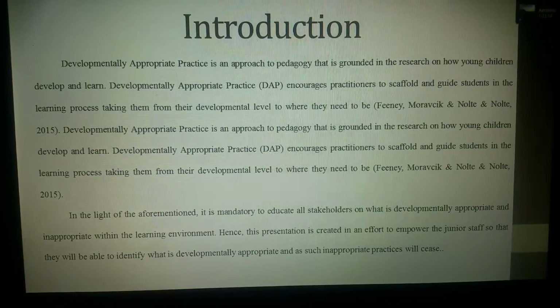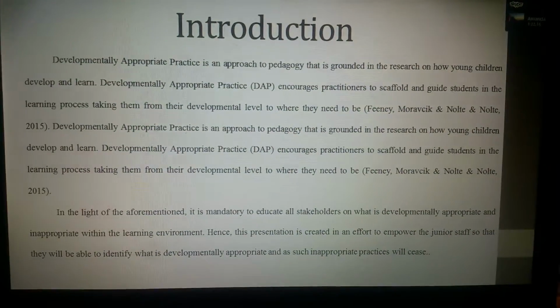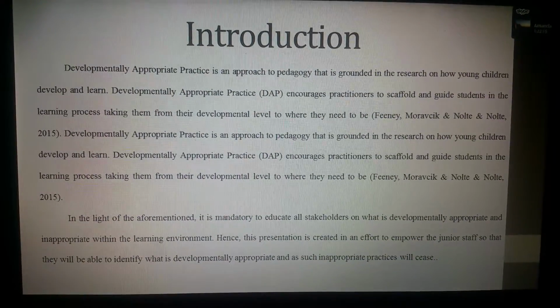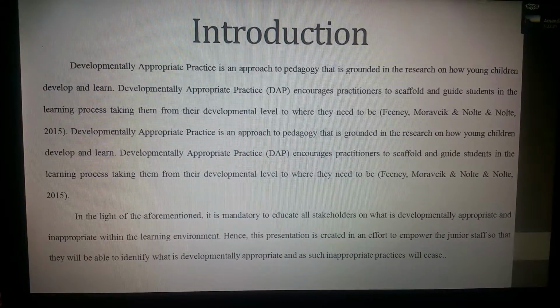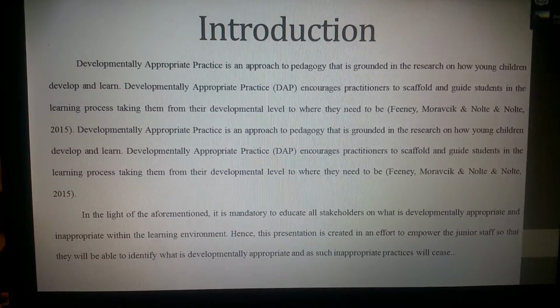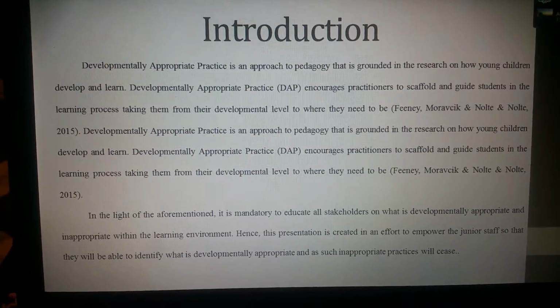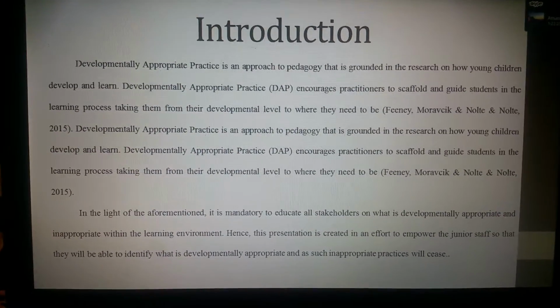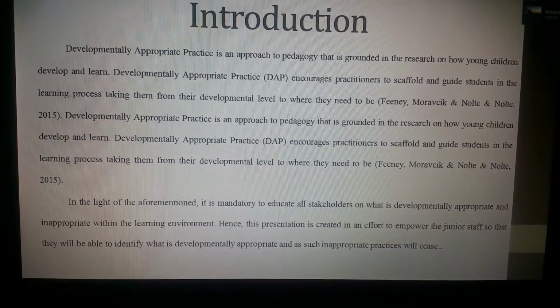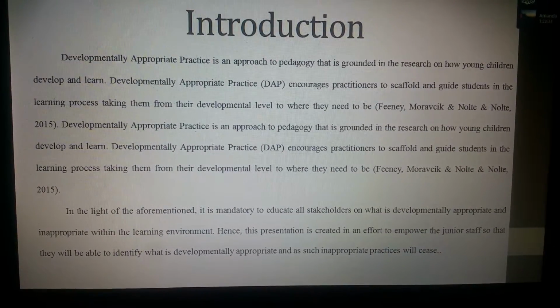Developmentally appropriate practice is an approach to pedagogy that is grounded in the research on how young children develop and learn. Developmentally appropriate practice encourages practitioners to scaffold and guide students in the learning process, taking them from the developmental level to where they need to be.